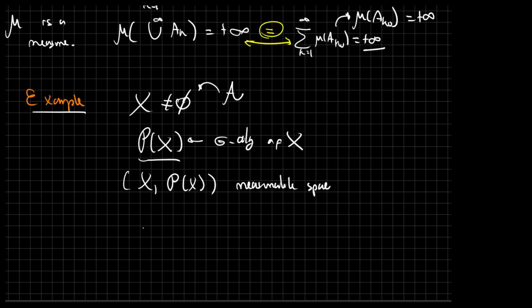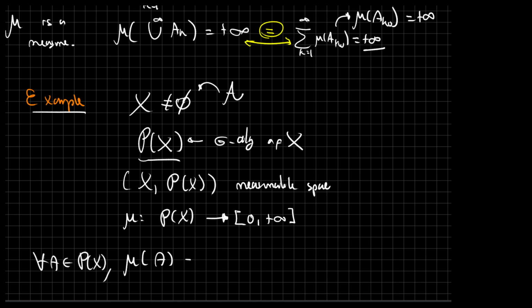And then we have a function that goes from the power set into this extended interval and is defined as follows. For every A in the power set, this is either the cardinality of A when A is finite, or plus infinity when A is infinite.